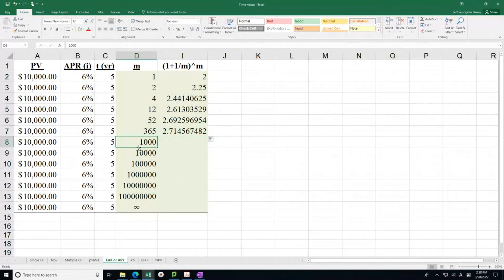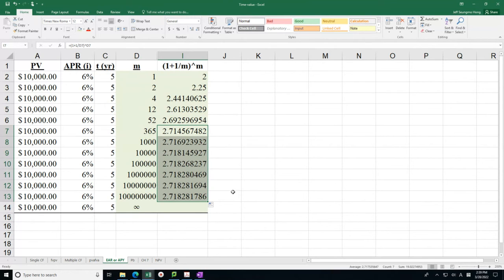And what if the compounding frequency is 1,000 times a year? 10,000, 100,000, 1 million, 10 million, 100 million. We increase the compounding factor. And what do you see? We know the higher the compounding frequency, the greater the future value. And it looked as if it's going to grow to an infinitely large number.